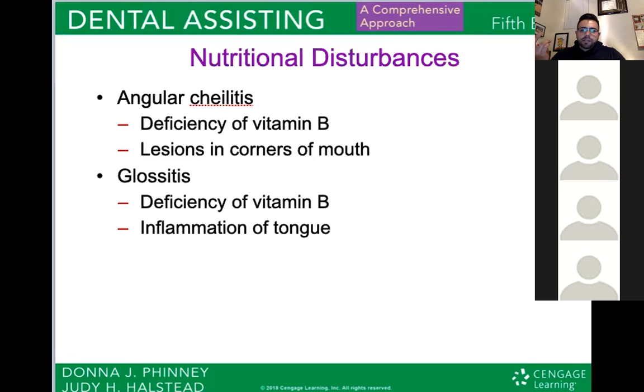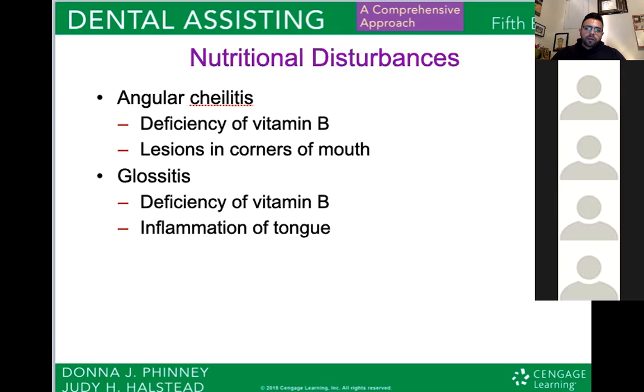This causes more complications because it allows microorganisms to grow in an opportune environment. You can think of someone's face that collapses, it causes lots of wrinkles, extra tissue that folds on top of each other and causes creases in the skin, which can cause this sort of fungal infection to occur, called angular cheilitis.